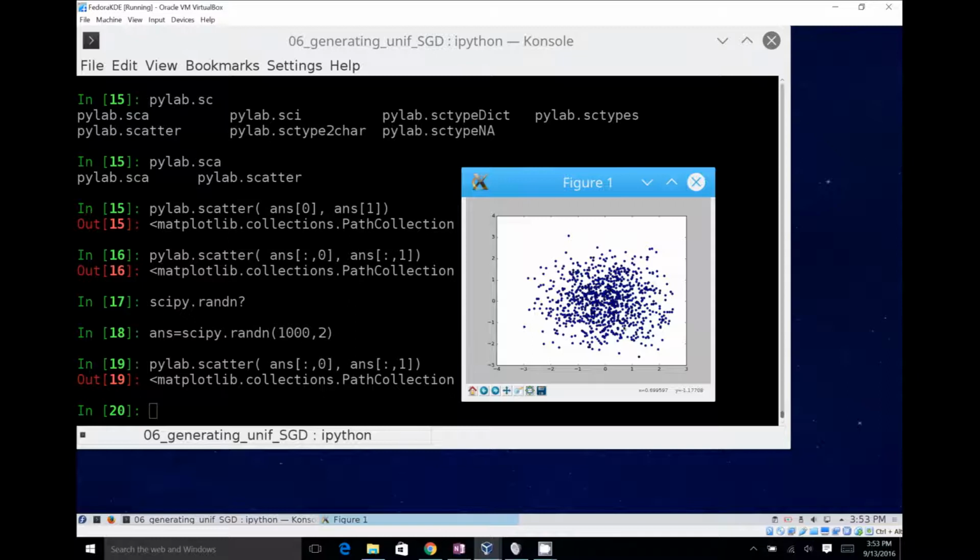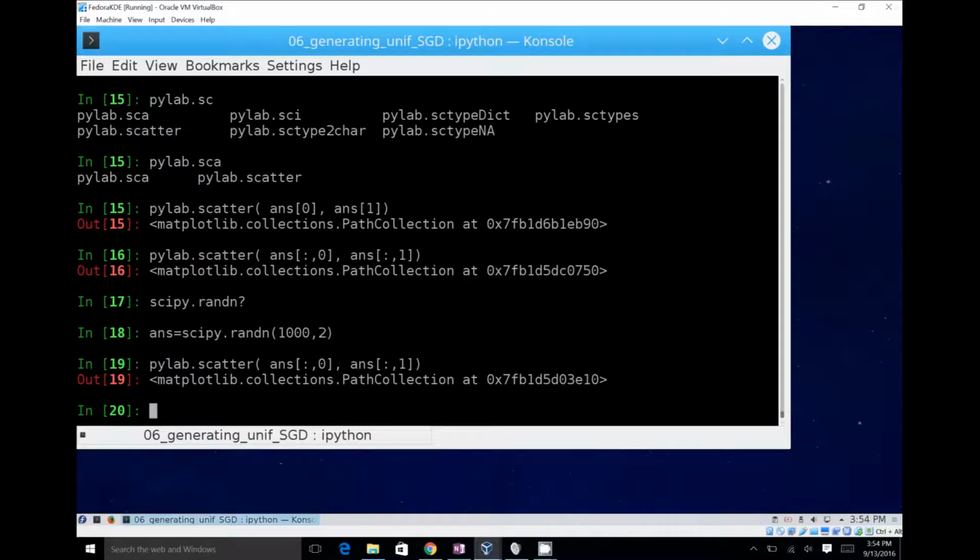So let's try that, and let's plot it to see if it actually looks as though we're generating uniformly random points on the circle or not. So I have answer here, and I want to do something like normalize it.